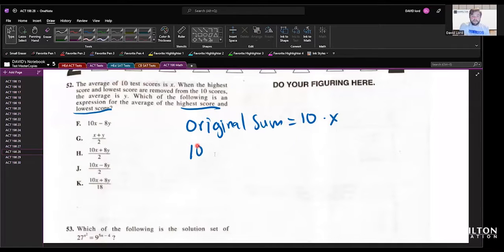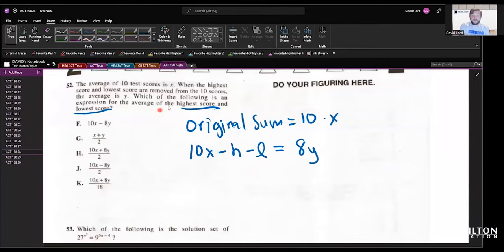Now the new sum is equal to the original sum minus the highest and the lowest. So that means if we take 10x and we minus the highest score and the lowest score, that will become our new sum. Well, the new sum would also equal 8 times y because we took away 2 test scores. So I'm going to write that this is equal to 8y. Going from here, there's no way I can get a numerical answer, but that's not what I'm solving for.